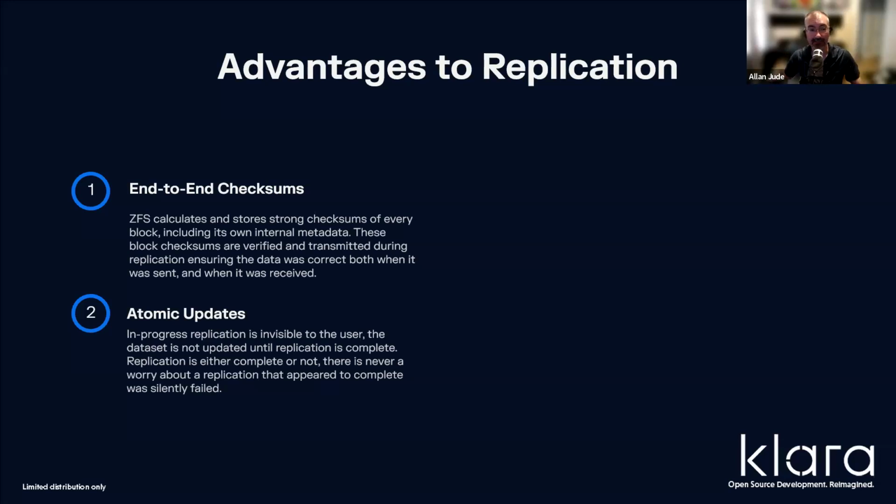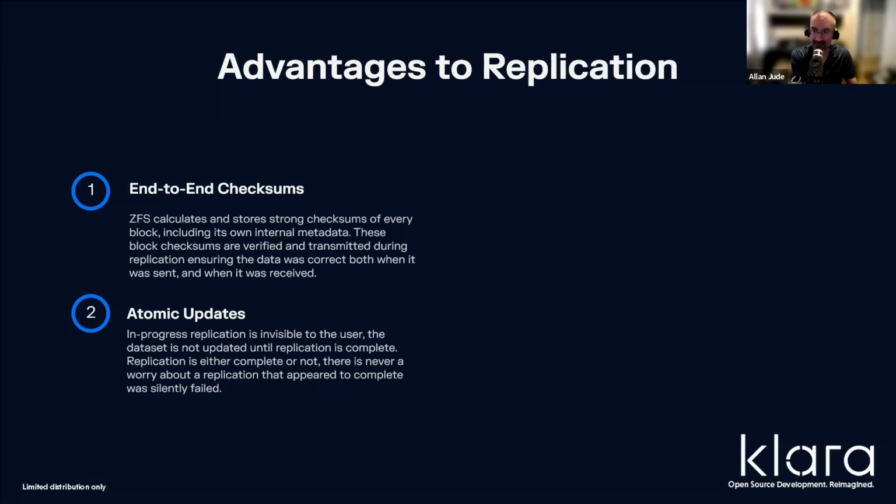Yeah, one of the other big advantages is atomic updates. If you're using a tool like rsync to sync from A to B, then halfway through on B, you now have some newer files and some older files. With ZFS replication, while replication is happening, the incoming data is in a temporary snapshot that's not in place yet, and so it's not visible. So the data on the destination is snapshot 1 until the second is snapshot 2, and it's never anything in between.